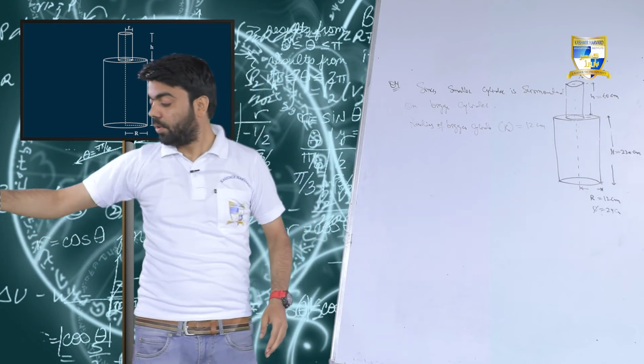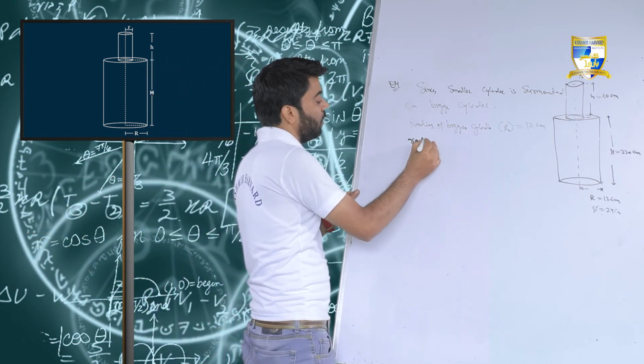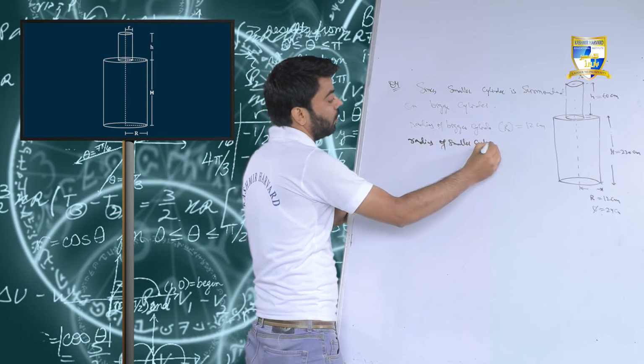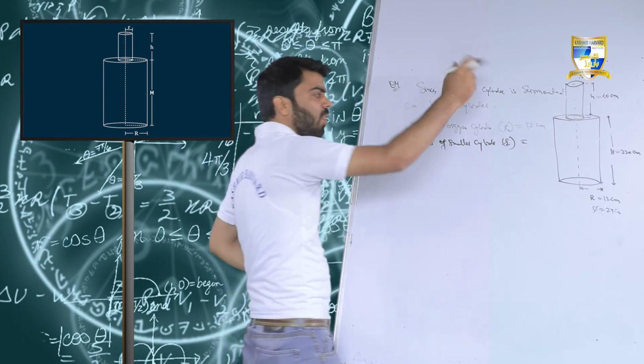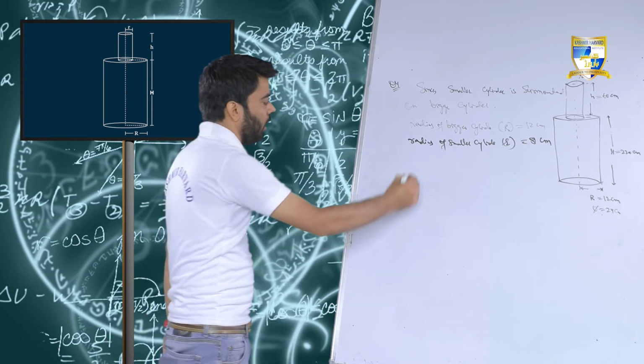Radius of the smaller cylinder, that's small r, given in the question, that's equivalent to 8 centimeter, right?